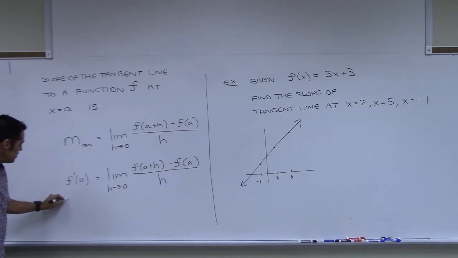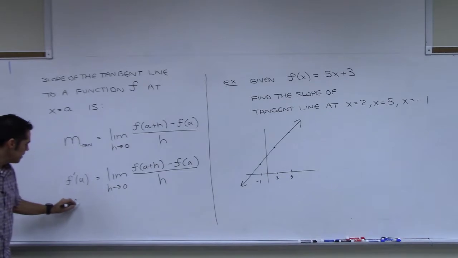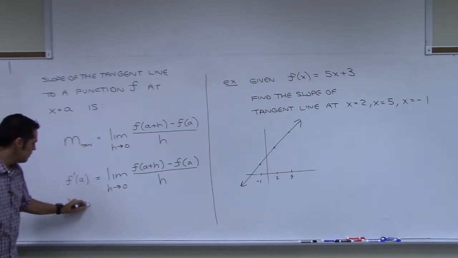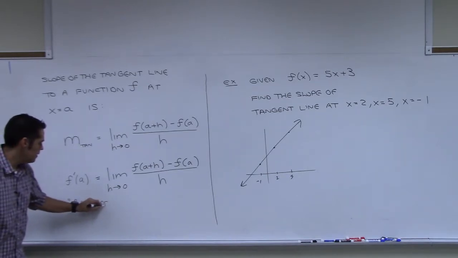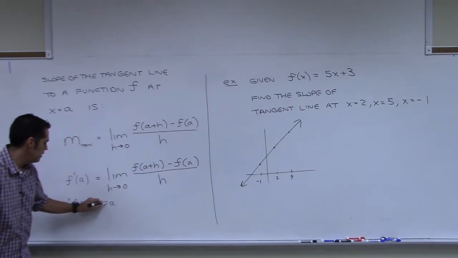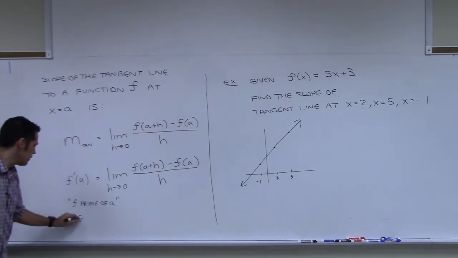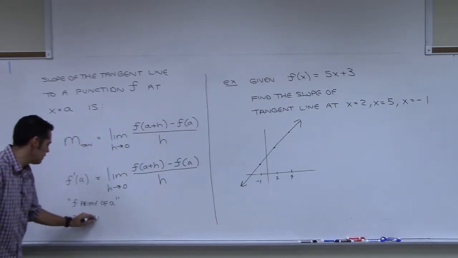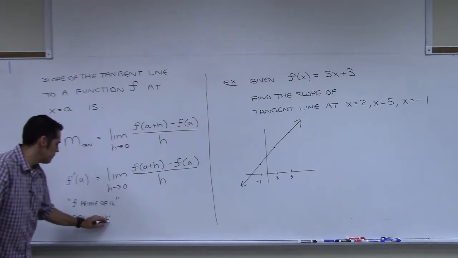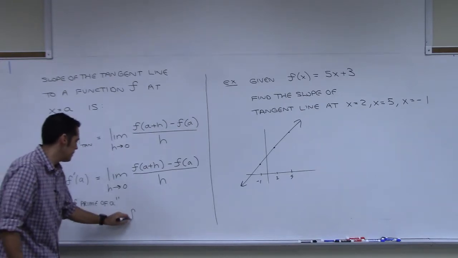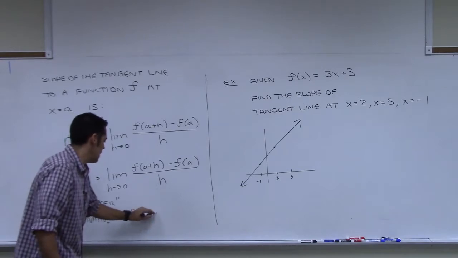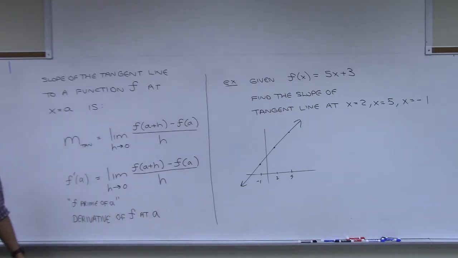So the way you say this is f prime of a. F prime of a is the way you say that to someone. And this is called the derivative of f at a. This is all new language that we're going to be using now.